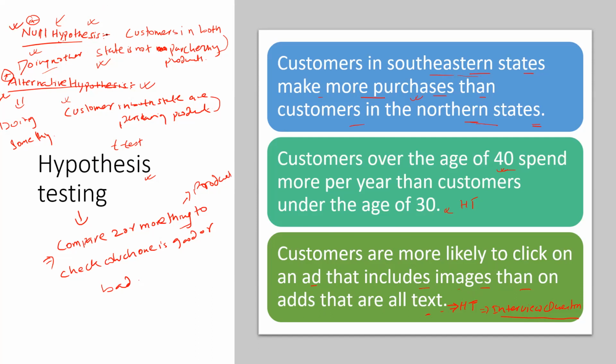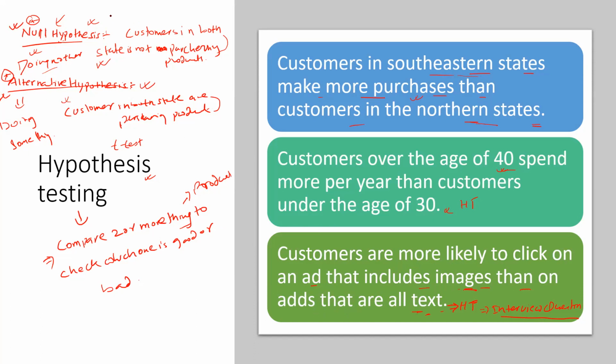So my null hypothesis will be, I did something wrong, the customers are not likely to click the ad that includes image and text. My alternative hypothesis will be customers are likely to click ads that include image and text.